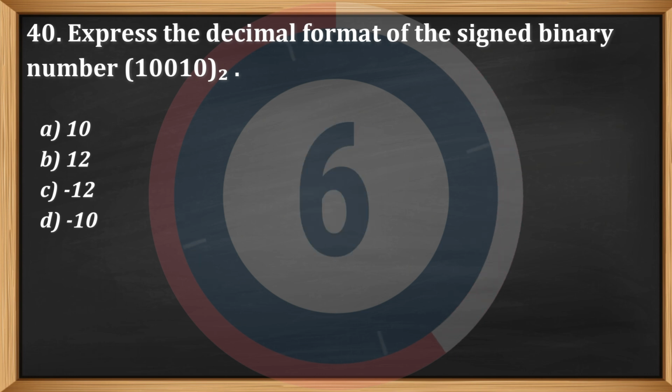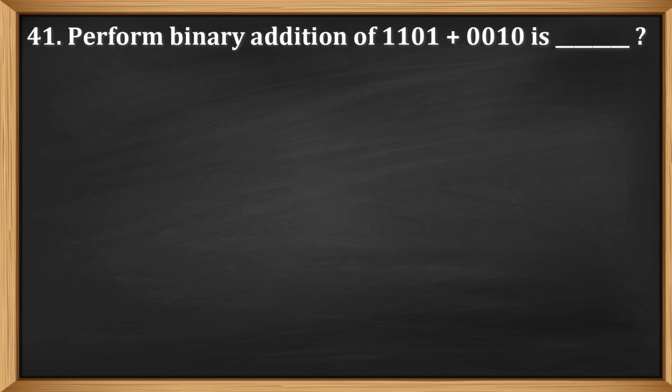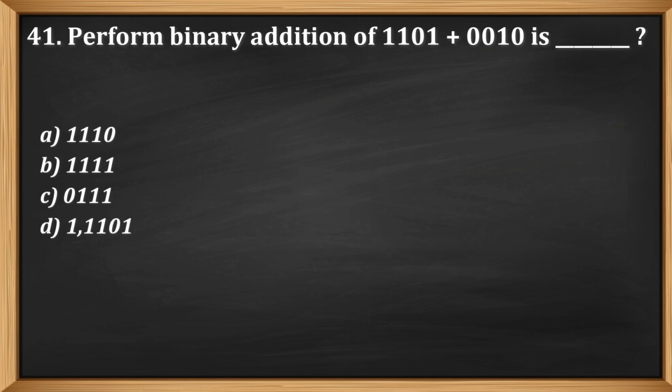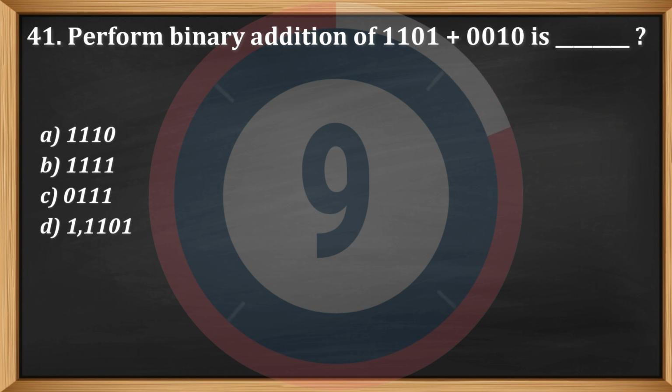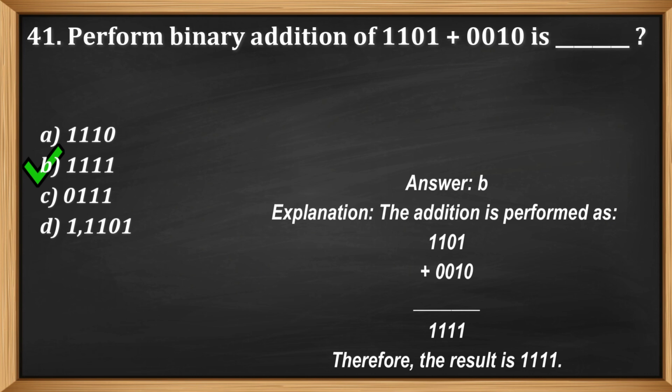Express the decimal format of the signed binary number 10010 base 2. Option D, minus 10. Perform binary addition of 1101 plus 0010, option B, 1111.